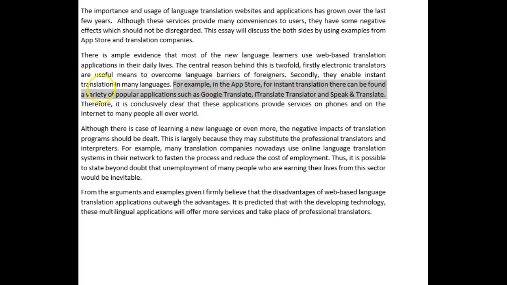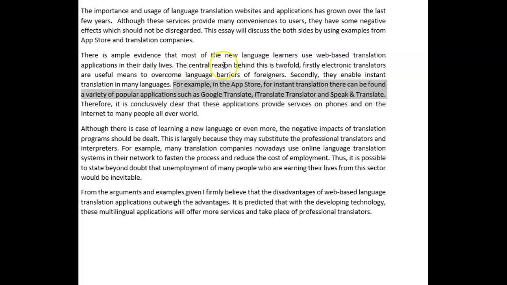Okay, and then you say they translate in many languages. Again, just because there's a lot of them, it doesn't mean that they help with many languages. So the problem, as I said before, it's twofold. You've got this piece of support that doesn't support either one of your main ideas.